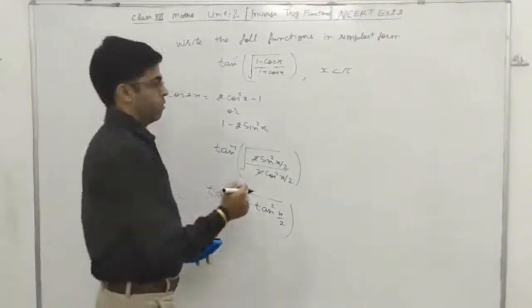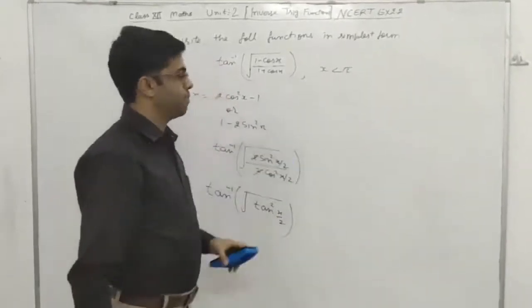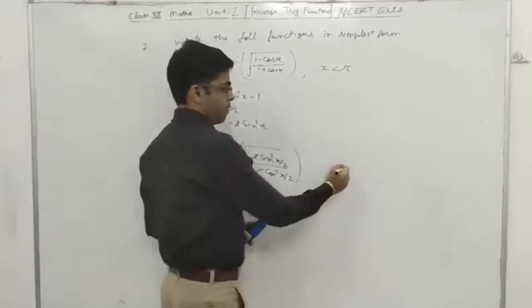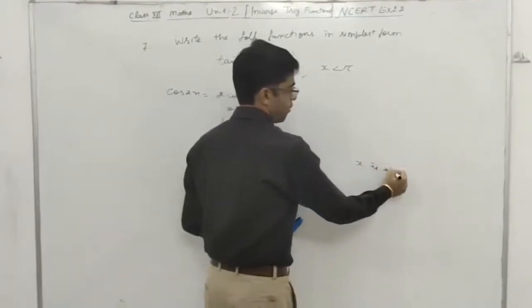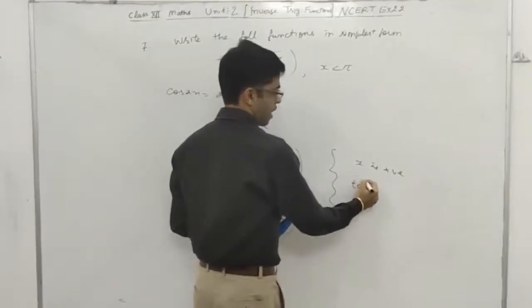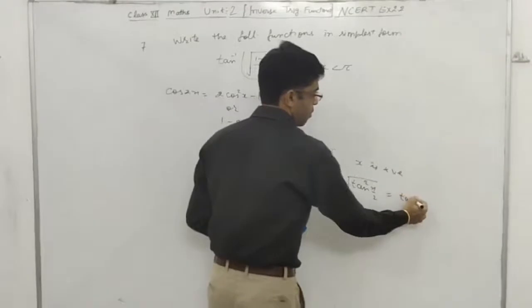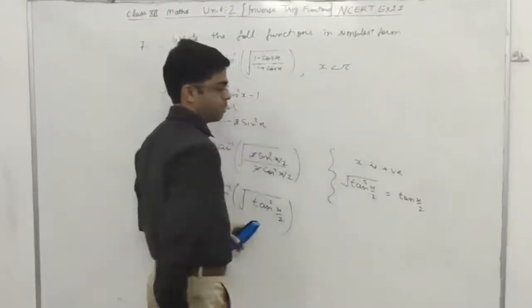Now as x is defined as less than pi, if x is positive in this, then root of tan square x by 2 will be positive tan x by 2.